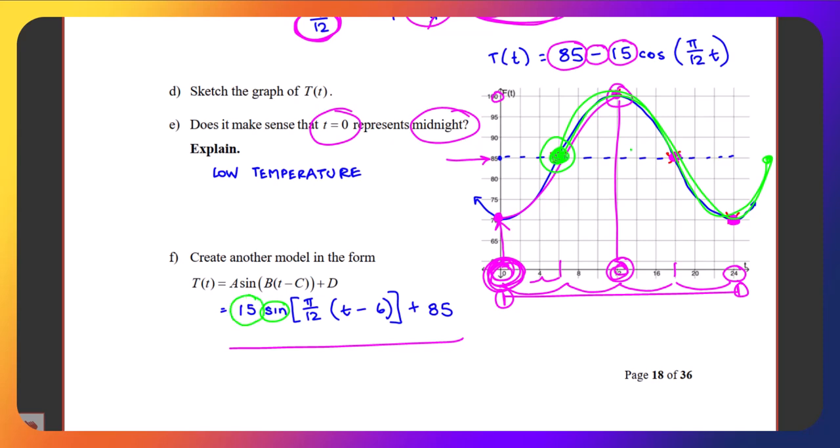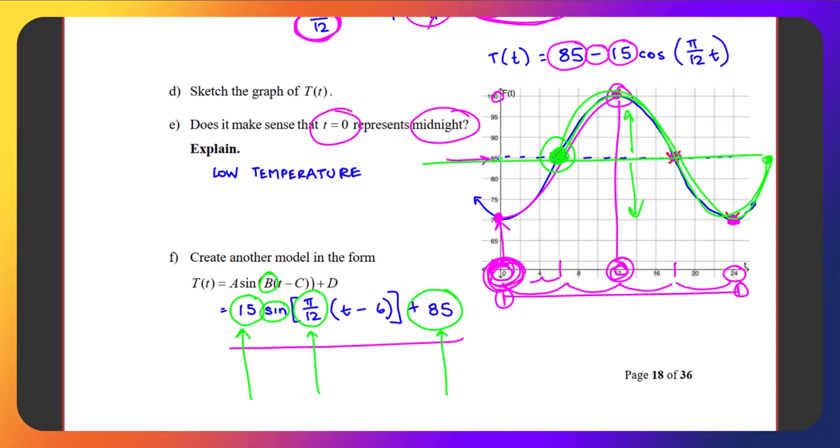It's still going to go up 15 and down 15 from the midline. The number that controls the period is going to be the same because it's still 24 hours. So the b value is still going to be pi over 12. And the midline is still going to move up 85. So that's not going to change.